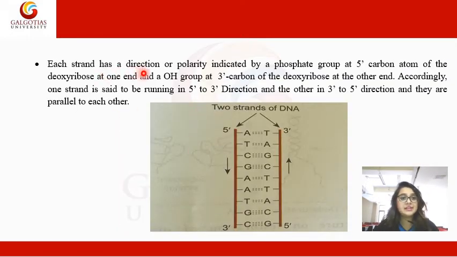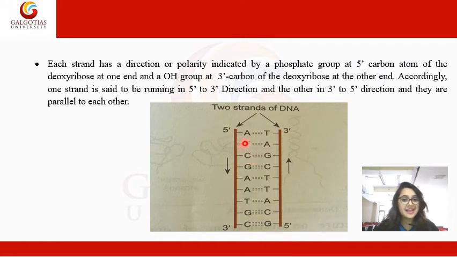Each strand has a direction or polarity, indicated by a phosphate group at the 5' carbon atom of the deoxyribose at one end and an OH group at the 3' carbon of the deoxyribose at the other end. Accordingly, one strand is said to be running in the 5' to 3' direction and the other in the 3' to 5' direction, and they are antiparallel to each other. So now we can see there are two strands of DNA. One runs in the 5' to 3' direction and the other runs in the 3' to 5' direction.